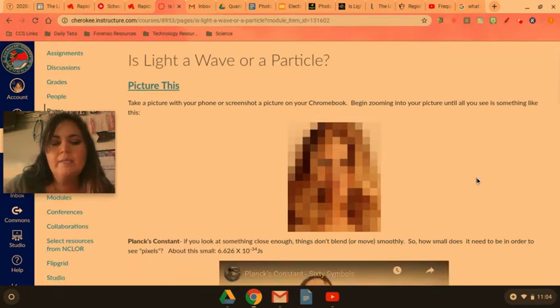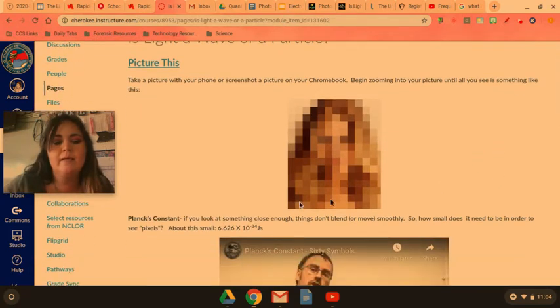There was a guy named Planck, and he said that if you continue to zoom in close enough, things don't blend in. They don't move smoothly. How small it goes in order to see these pixels is this number right here, 6.626 times 10 to the negative 34.